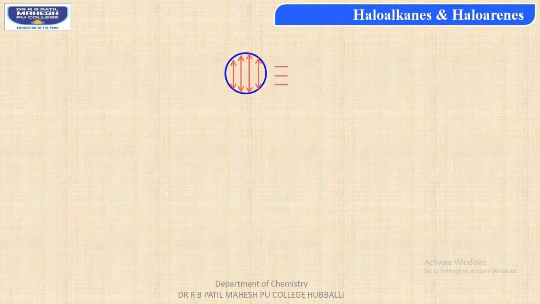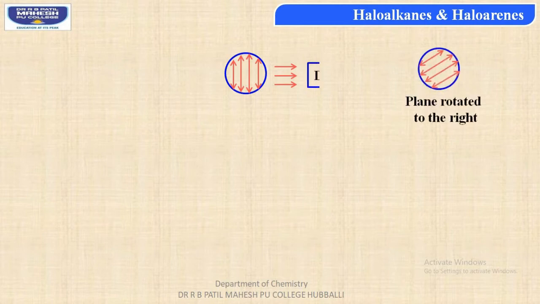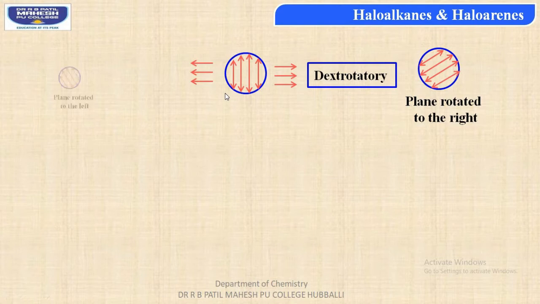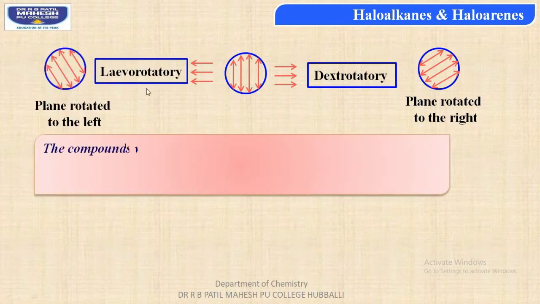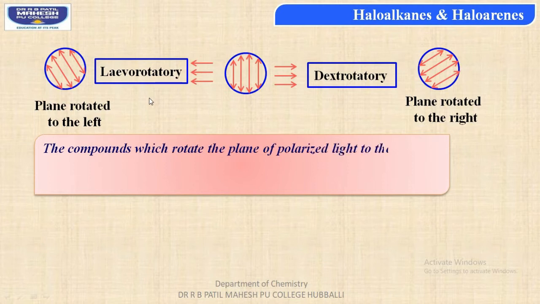Now students, if the plane polarized light has been rotated towards the right side, then that molecule is said to be dextrorotatory in nature. Whereas if the plane polarized light is rotated towards the left side, then it is called levorotatory in nature.